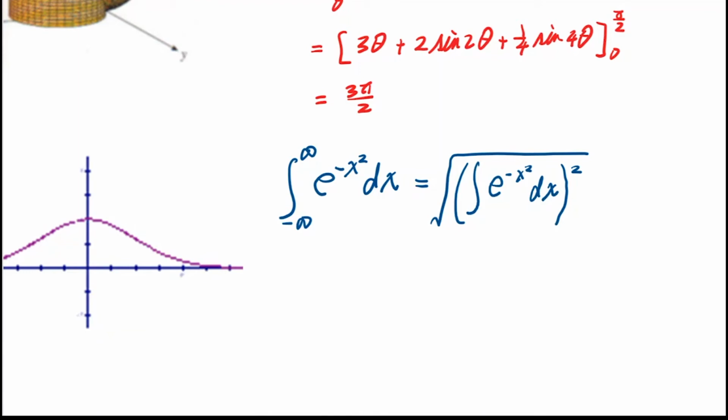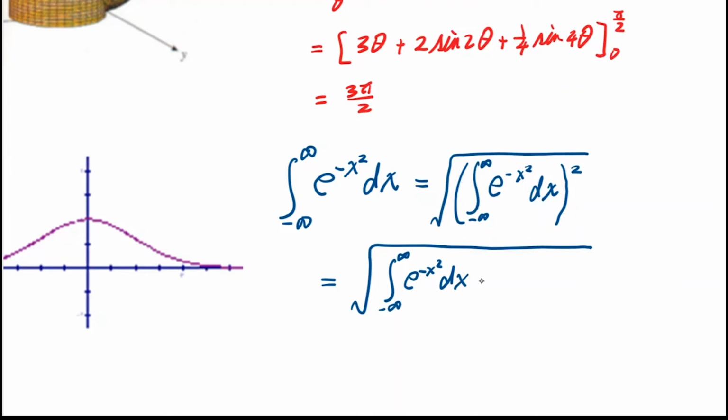Say yes. Okay, now I'm going to play a little trick. So still the same square root, but I'm going to write it like this, negative infinity to positive infinity, e to the negative x squared dx, and times another integral of negative infinity to positive infinity, e to the negative x squared dx.